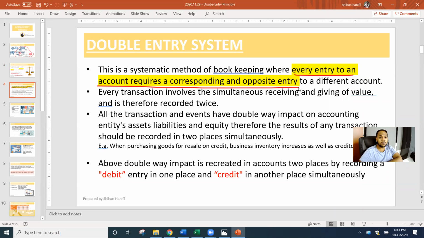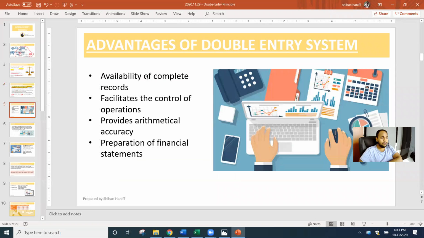When we are recording a transaction, every entry needs an opposite entry. All the transactions and events have a double way of impact on accounting entities: assets, liabilities, and equity. So we record debit and credit.